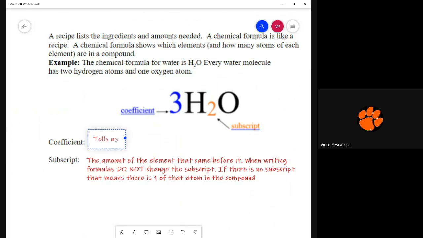All right, so next is the coefficient. The coefficient tells us how many of the following compound there are. Okay?